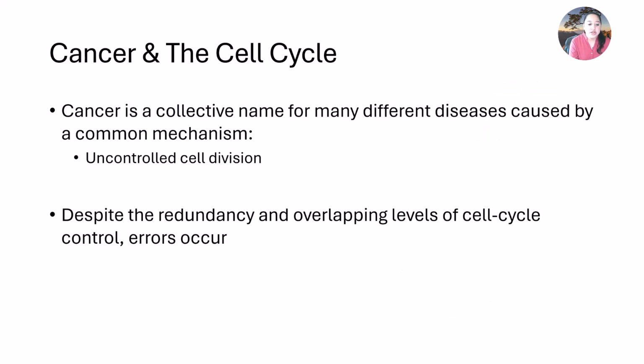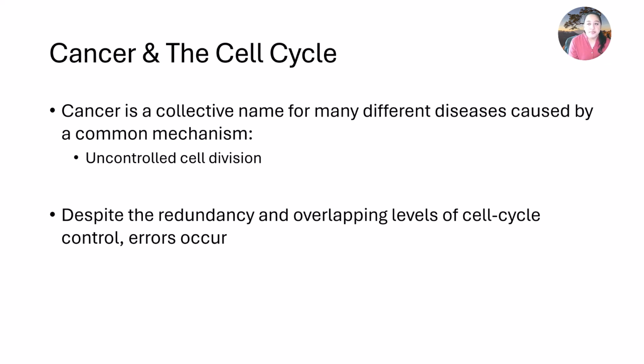Cancer is a collective name for a lot of different diseases. There are very different cancer types, and they all start for different reasons. They might have different origins and mechanisms, but cancer is the name for a lot of different diseases because they all have a common mechanism, which is uncontrolled cell division.